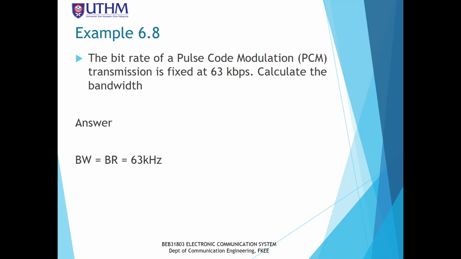And then example 6.8, the bit rate of a PCM is fixed at 63 kilobits per second. Calculate the bandwidth. Okay, here too it does not state specifically what type of pulse is used. So in this case, you can assume that it is using rectangular pulses. So the bandwidth of PCM is equal to the bit rate, which is 63 kilo, but in terms of hertz.